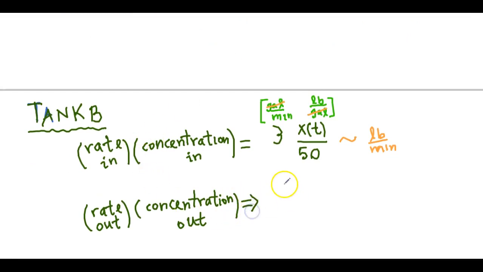One of the arrows is 1 times y, this is really y of t divided by 40. That's where we're expressing the concentration. And then we also have 2 times y of t divided by 40.